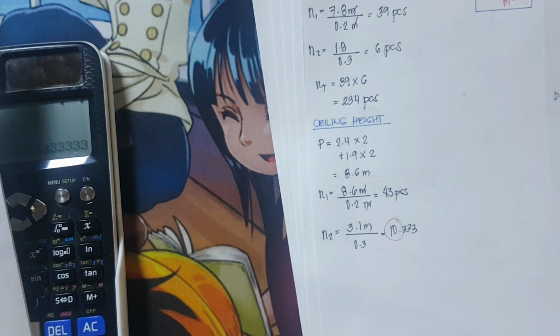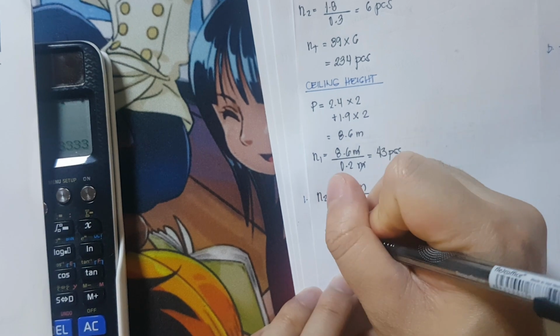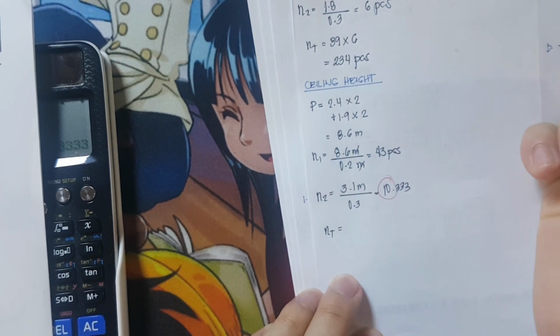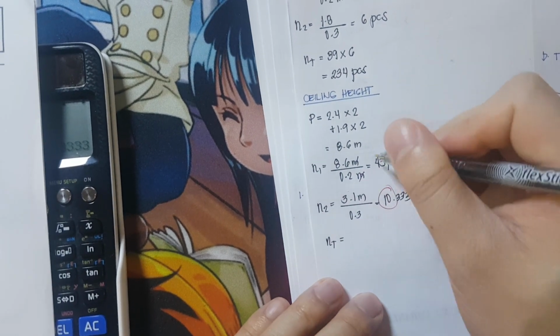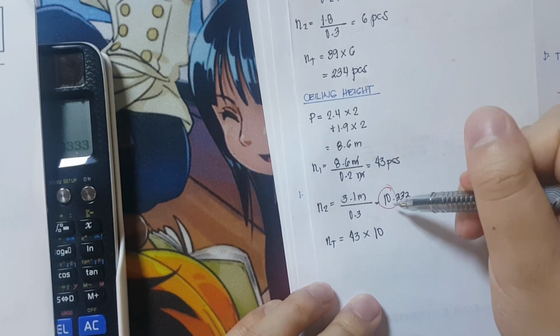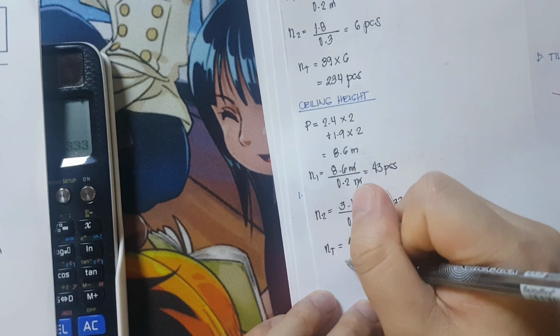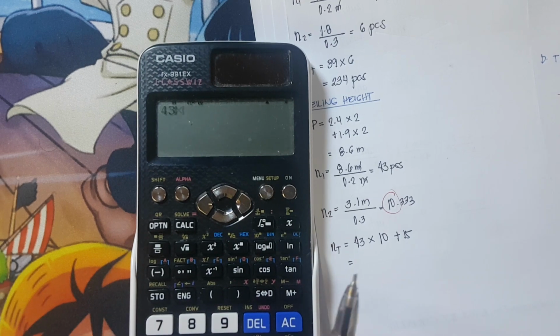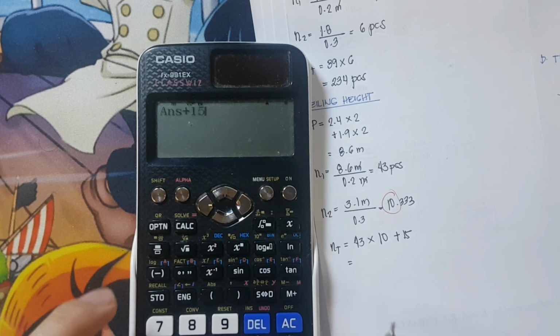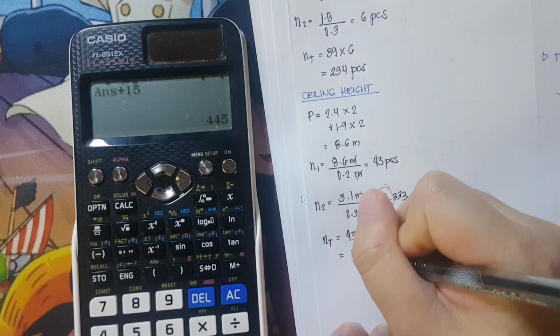Okay? So, for the N total is equivalent to 43 times 10 plus 15. And that is equivalent to 445 pieces.